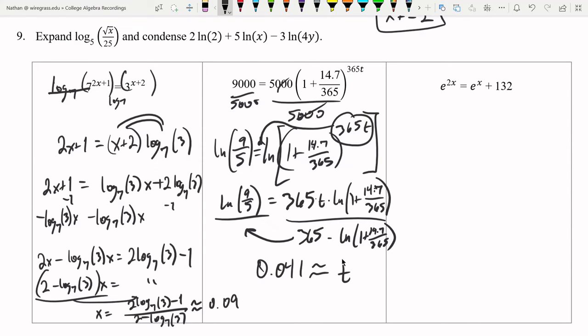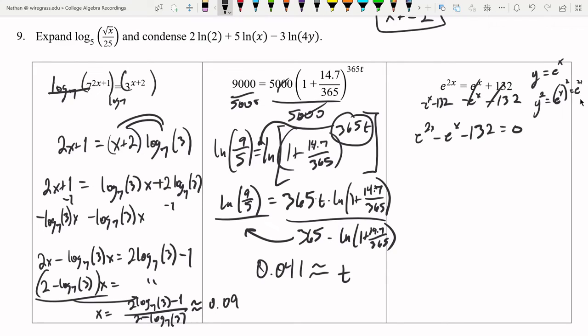Okay, for this one, I'm going to move the e to the x over and the 132 over. So give me e to the 2x minus e to the x minus 132. And I did this because I can write y equals e to the x, then y squared equals e to the x squared, which is e to the 2x.